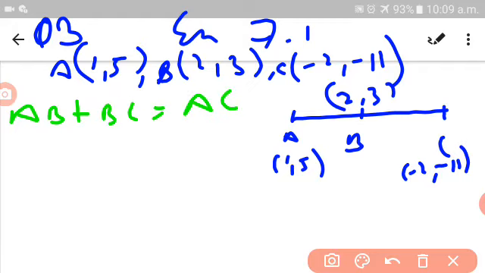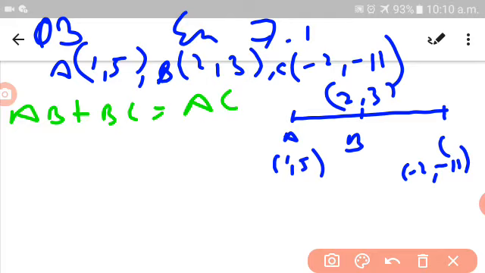Means the distance AB plus the distance BC should be equal to the distance AC. If the points satisfy this equation, they are collinear, and if not equal, then the points are not collinear. So we are going to find this.